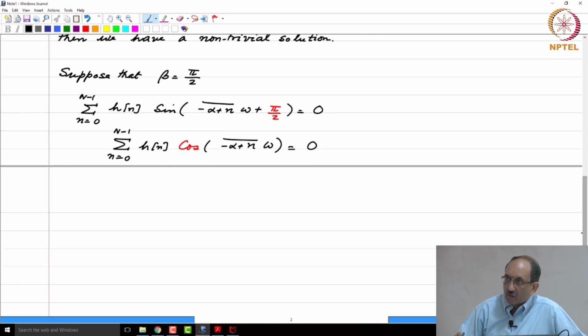Since we have made considerable progress for the earlier case, we can invoke similar ideas here. Again, pairwise cancellation is what will work. And in the earlier case, because sin theta was an odd function, so that sin of minus theta was minus sin theta, we saw that you could get pairwise cancellation if h of n were equal to h of capital N minus 1 minus little n, where the impulse response had even symmetry.